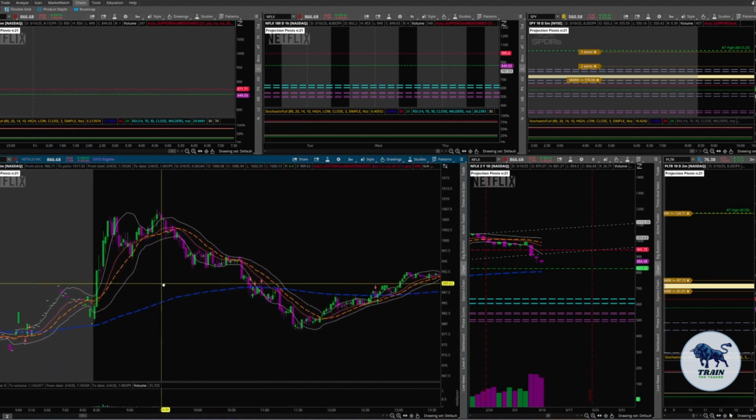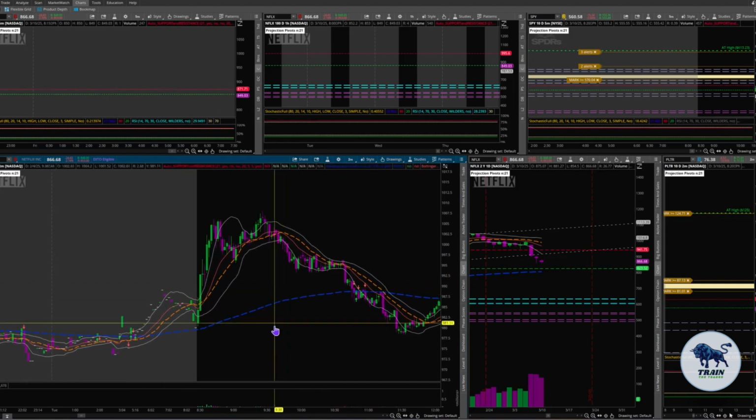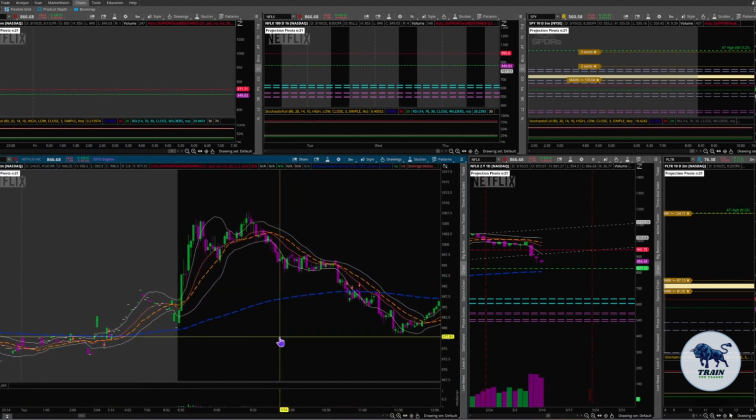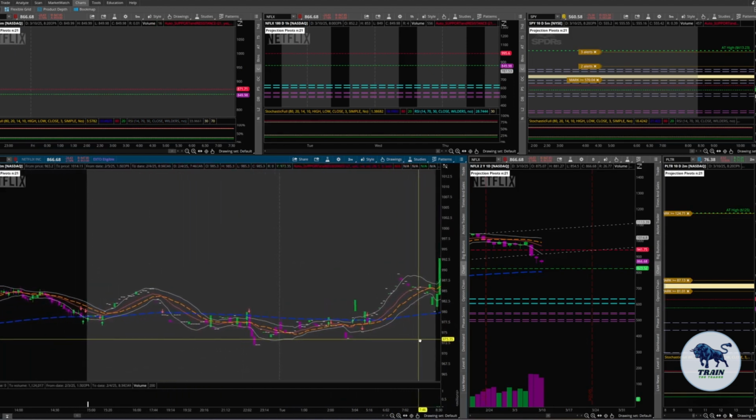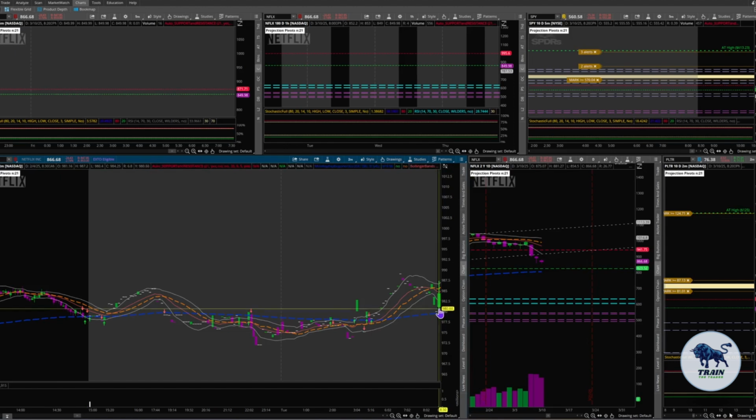So this is a Netflix chart. The date doesn't matter. Just know that at the beginning of the day, it looked like this. That's the very first candle of the day, right? Right off of the 200.